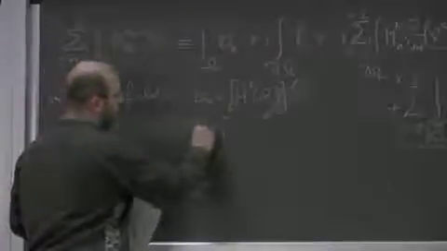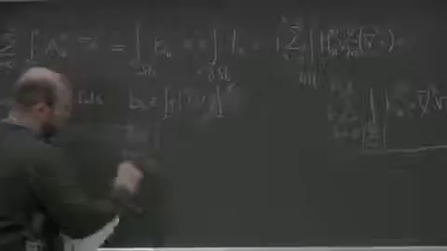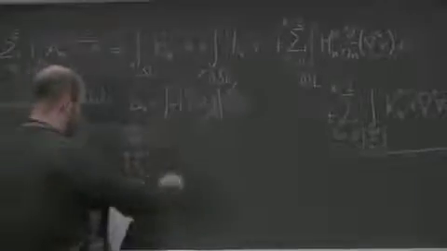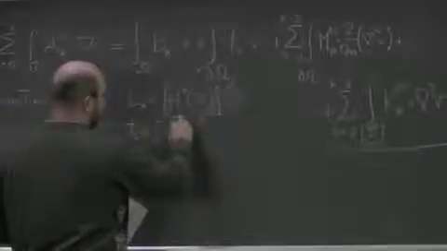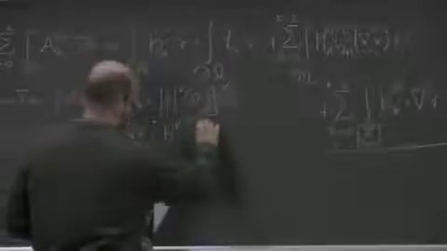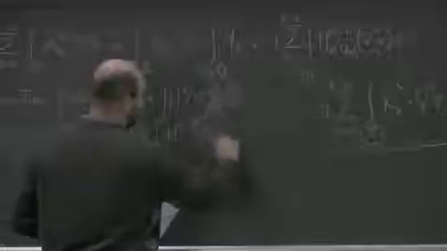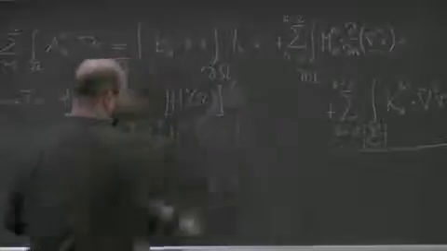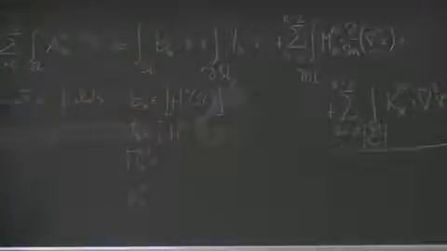T(u) lives on the boundary. It belongs to the dual of H^(k minus 1/2) of the boundary. What does it mean?